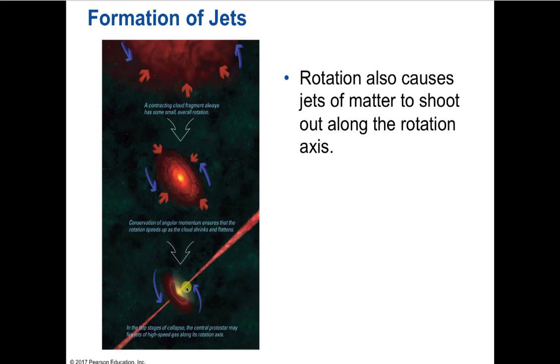When you have a bunch of charged particles rotating around, moving around, you'll get a magnetic field from that. And that magnetic field may help to channel some energy or some stuff outward along the poles, along the magnetic poles, which are often the same as the rotational poles in a sense.